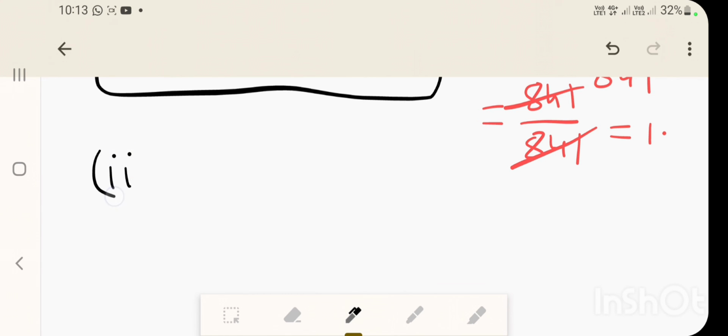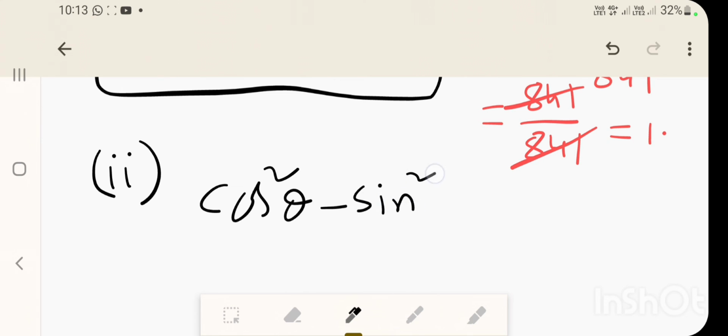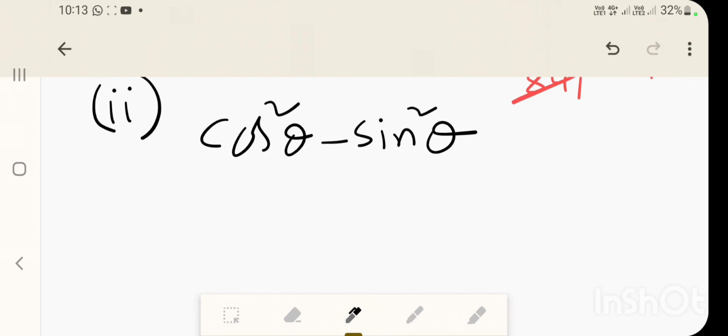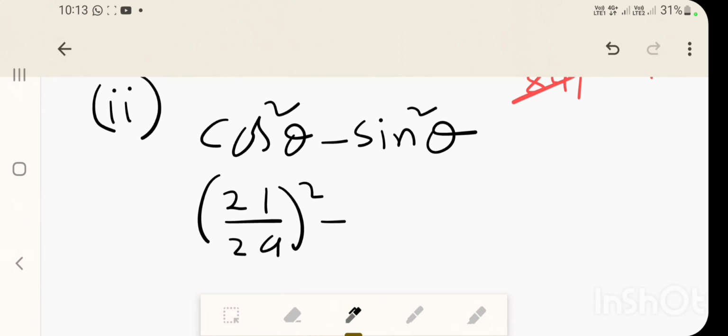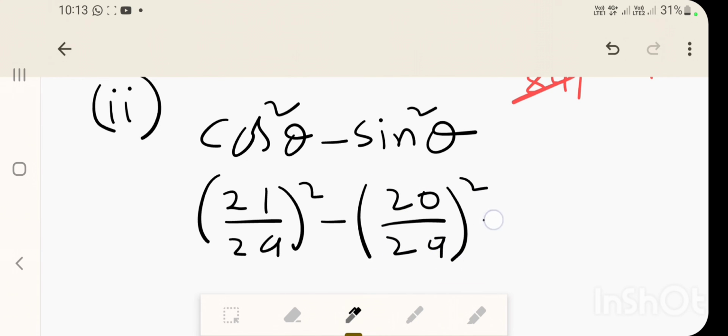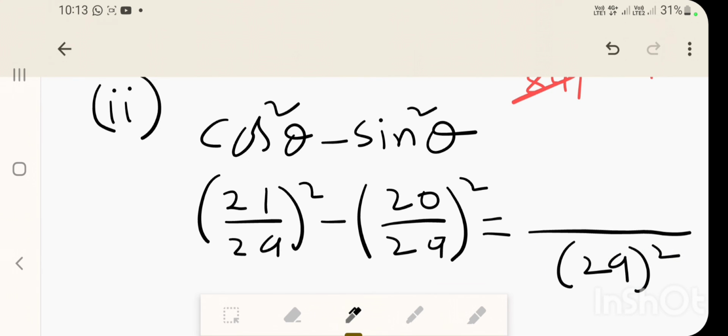The second question asked in the problem is to find cos square theta minus sin square theta. We already know the ratios, so you just need to substitute and simplify. Cos theta we have already as 21 by 29, squared, minus sin theta, which is 20 by 29, squared. As usual, the LCM is 29 square.